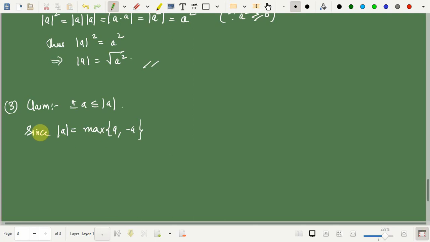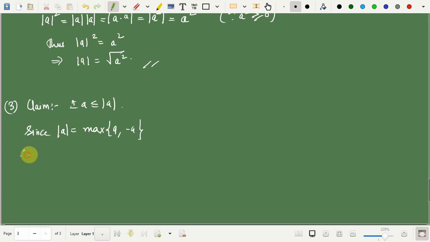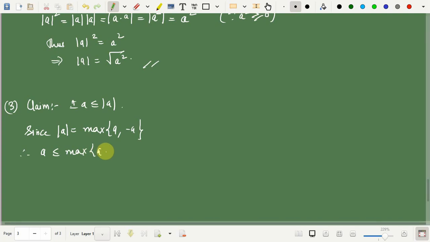So, by definition a has to be less than or equal to maximum of a comma minus a, right? A is one term among a and minus a. So, if a is positive, the maximum term is a itself, and if a is negative, then the maximum is minus a. So, in both cases, either it is going to be equal or it is going to be strictly less than this term, and therefore, we have a less than or equal to maximum of a comma minus a, which is nothing but mod of a, right?